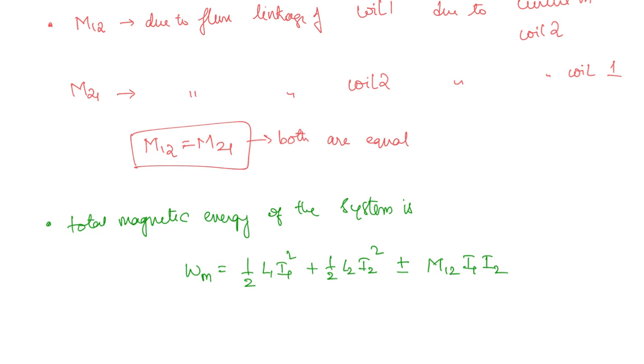Now what is this positive and negative sign? When do we use a positive sign and when do we use a negative sign? Okay, so positive sign is used when the currents are such that the magnetic fields will strengthen each other.